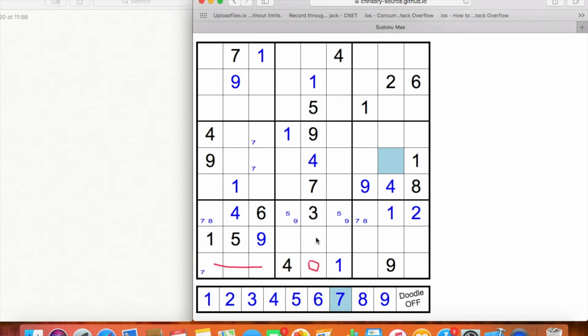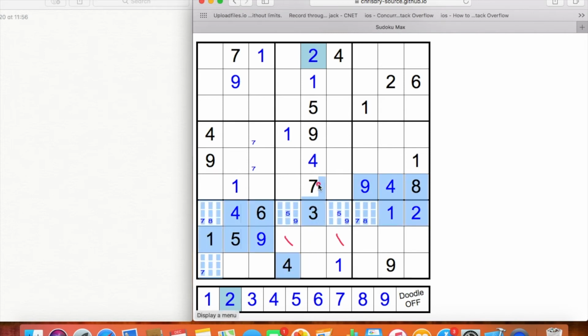Therefore, because 2 cannot appear there, in this column the only place it can appear is at the top. As far as 7 is concerned in the bottom block, it can only appear there and there. As you can see, it is pushing down from there.